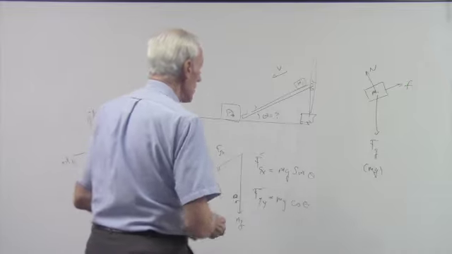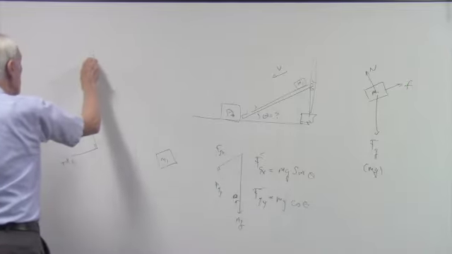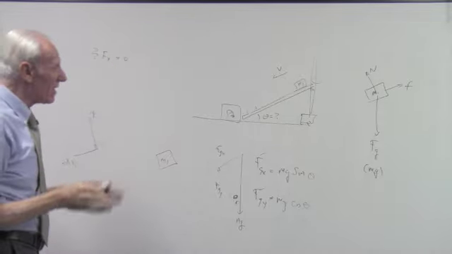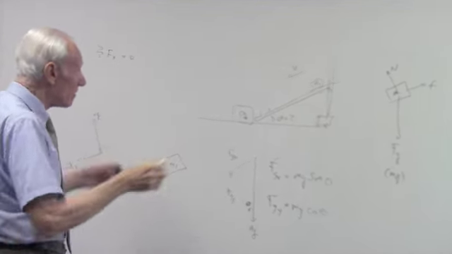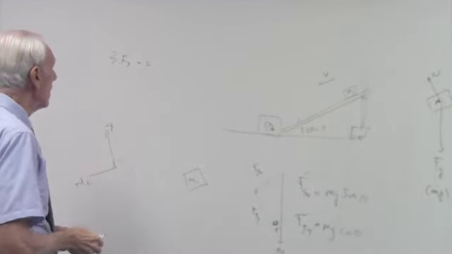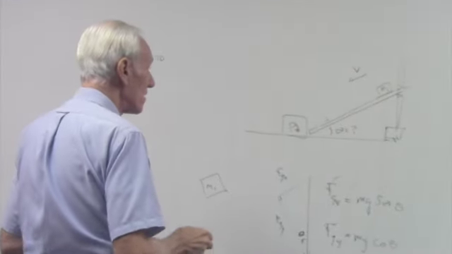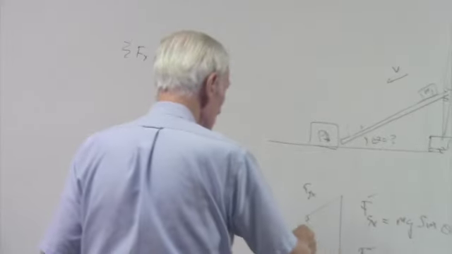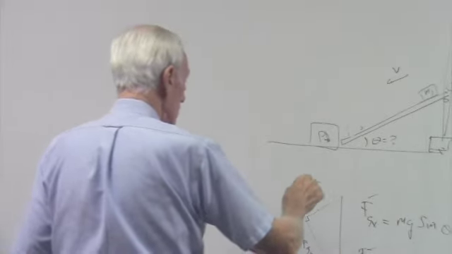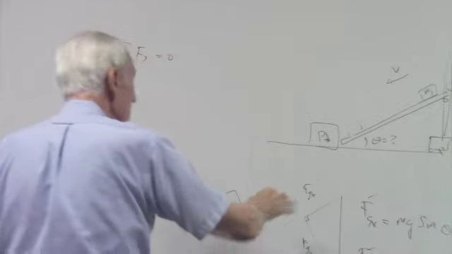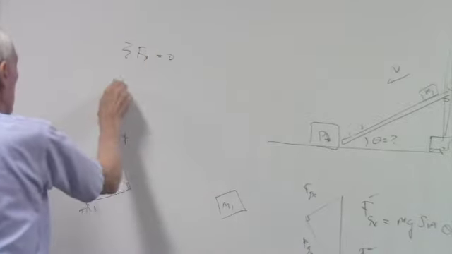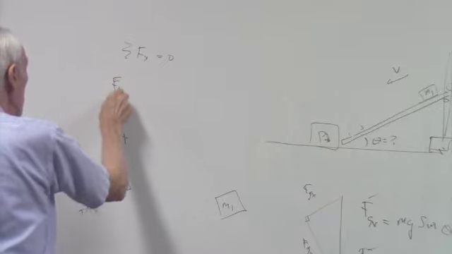Okay, so the sum of the forces in the x direction is again 0 because it's moving at a constant speed, and so it's obeying Newton's first law. And so we can write the forces in the x direction. The force going down the incline is F sub g sub x.